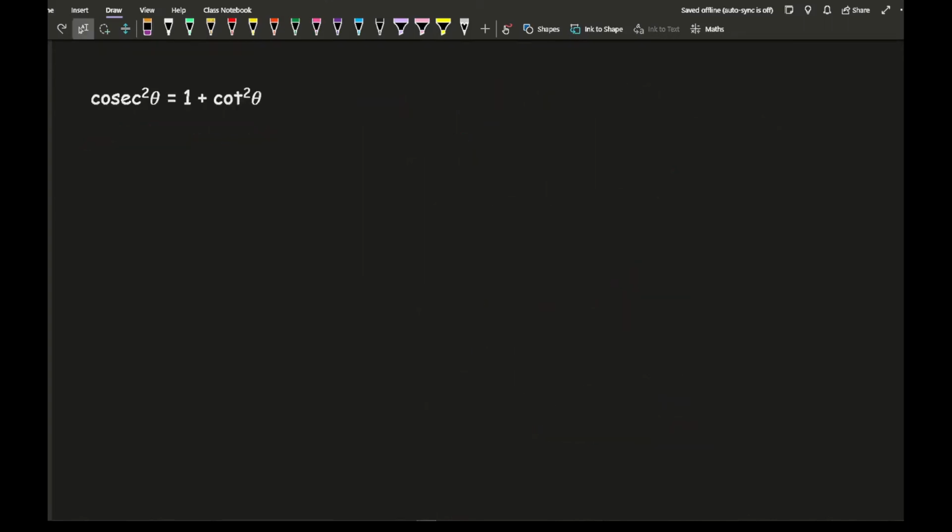Now, when proving this third trig identity, this is very, very similar. Again, using the fact that sine squared theta plus cos squared theta equals 1, but this time, rather than dividing by cos squared theta, we're going to divide by sine squared theta instead.